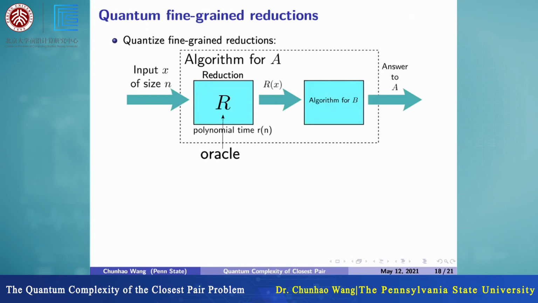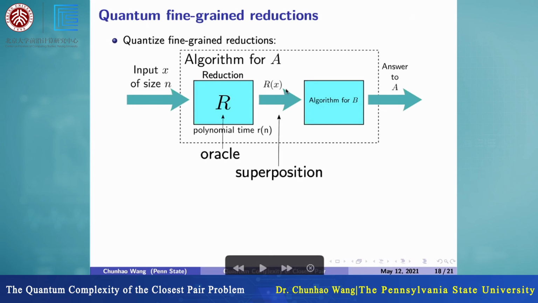Sure. For the quantum fine-grained reduction, we can just quantize the classical fine-grained reduction. First of all, we use this oracle R. For this part we can use superpositions, and for B we use quantum algorithms.